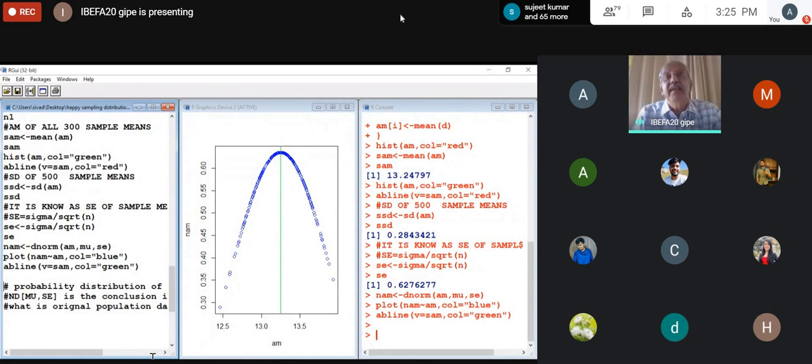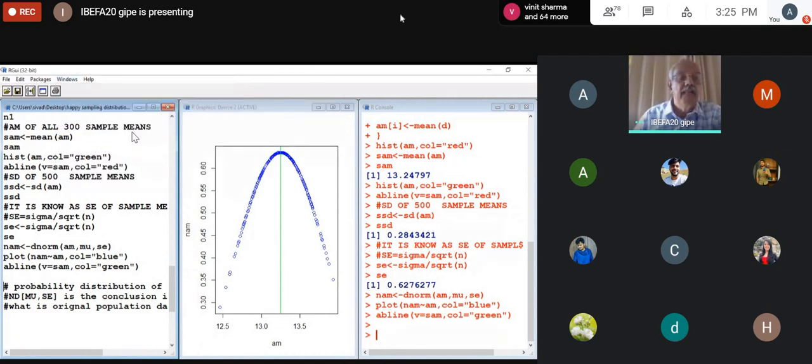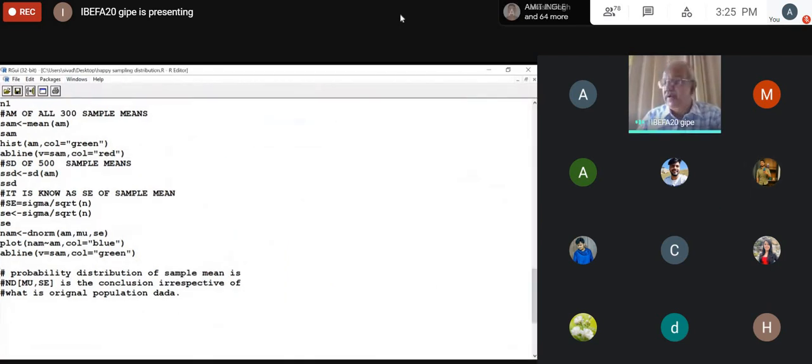This is the central limit theorem. The probability distribution of the sample mean is normal with mu and standard error, irrespective of the original population data.